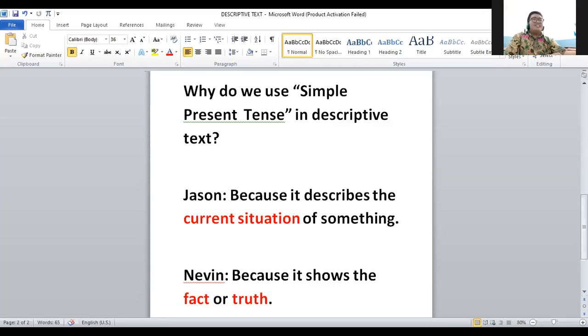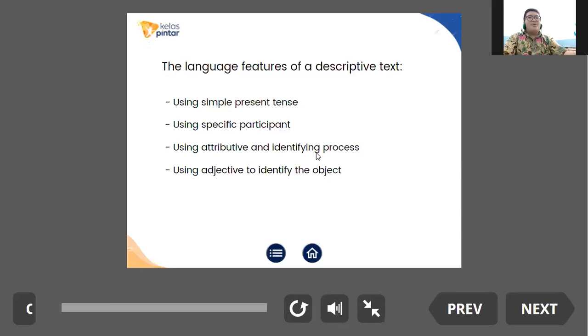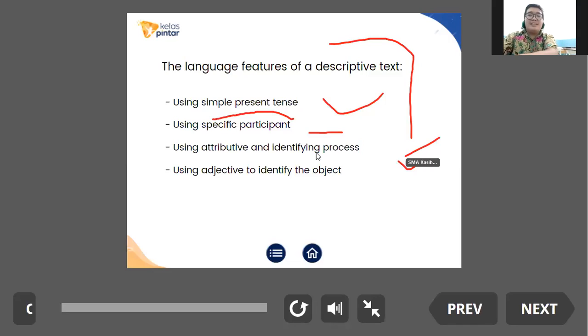All right. Now let's take a look at the last explanation. So it is using the simple present tense because, as your friends say, it explains the current situation, the current condition, circumstances, truth, fact, and so on. This is the first characteristic. And then the second one, it uses specific participants because, as I said before, the descriptive text explains the subject in detail, ya, harus detail kalau di descriptive text itu.